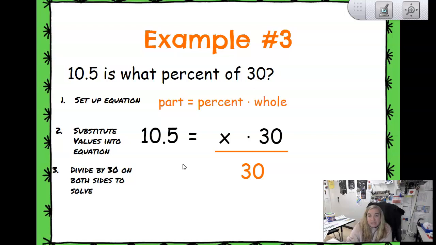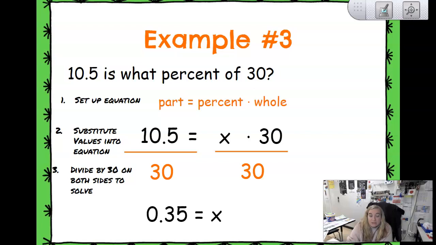And when we solve equations, if you remember it from last year, what you do to one side of the equal sign, you have to do to the other. So when I do that, that is going to cancel 30 divided by 30 on the right, which would get me 1 times x, or just x. And then on the right, when we divide 10.5 by 30, we come out to an answer of 0.35.